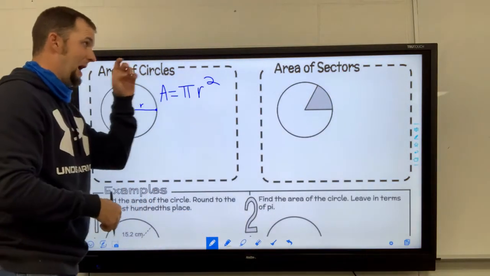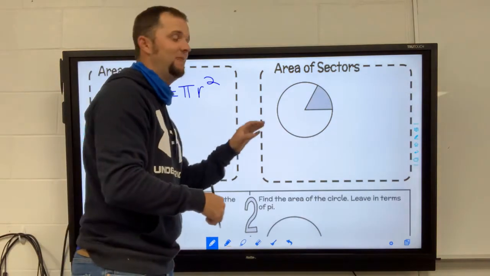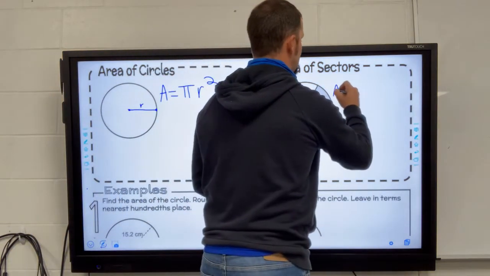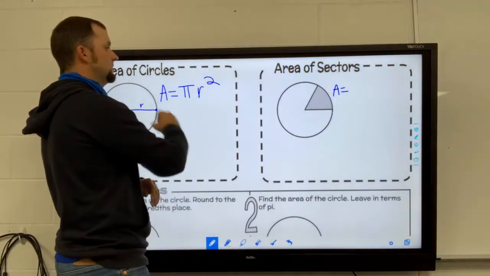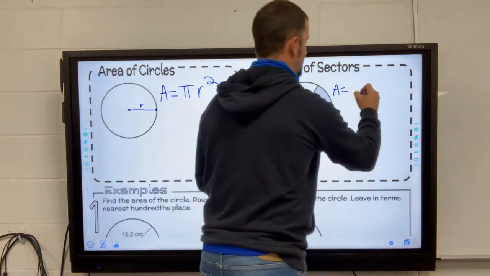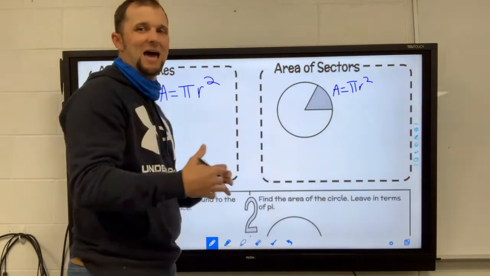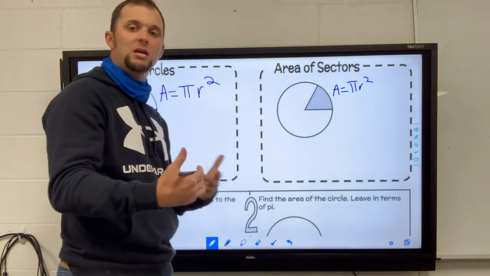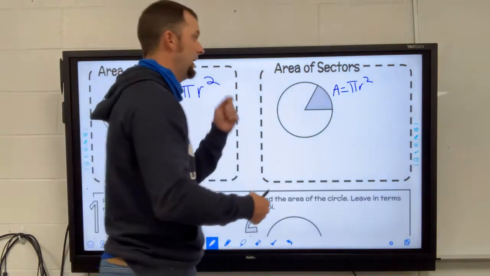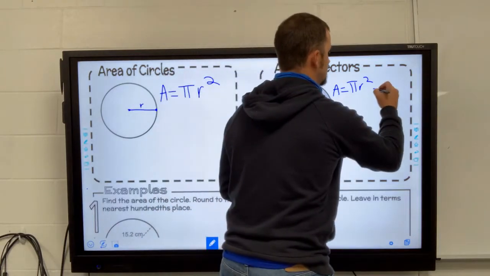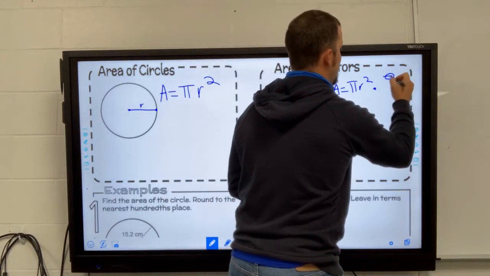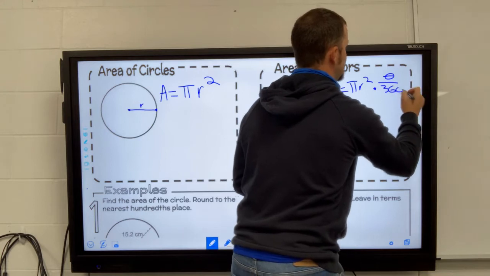So basically, to find the area of a sector, you are going to take the area of a circle, which is pi r squared, and then multiply that by a fraction or a ratio to figure out how much of that you're taking out. To figure that out, you're going to multiply by something called theta over 360.